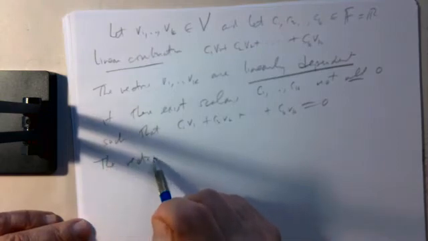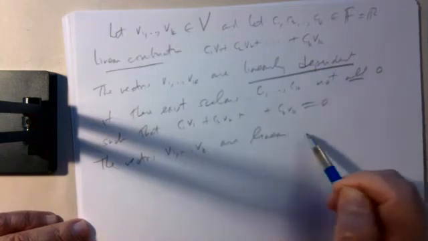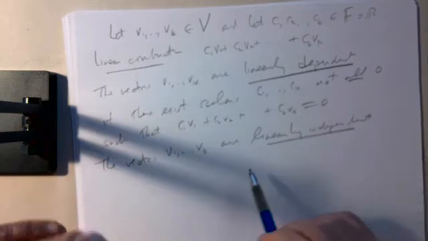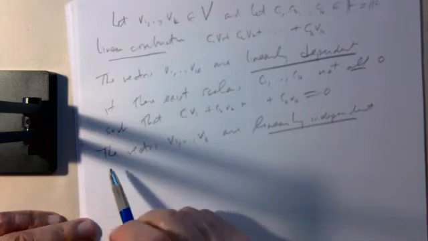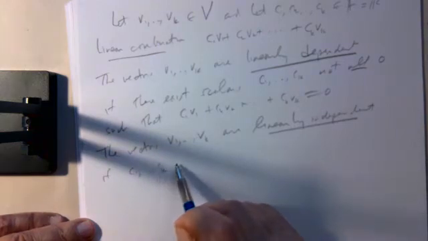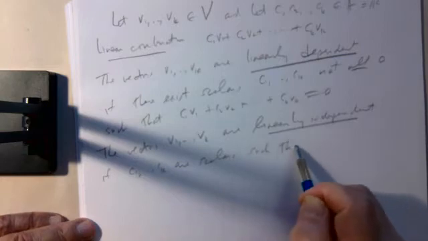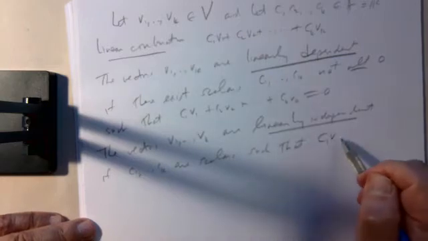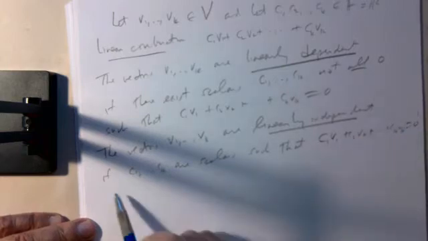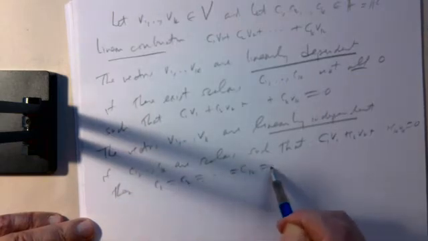And we say the vectors v1 up to vk are linearly independent if they're not linearly dependent, which means that if c1 up to ck are scalars such that my linear combination is the 0 vector, then all of the scalars are 0.